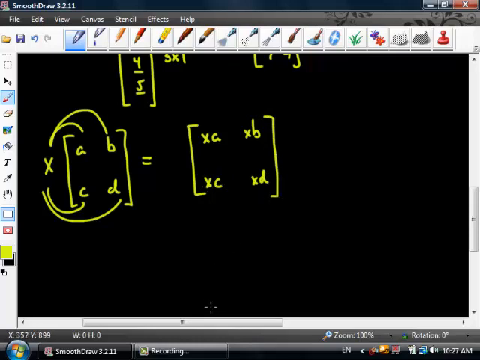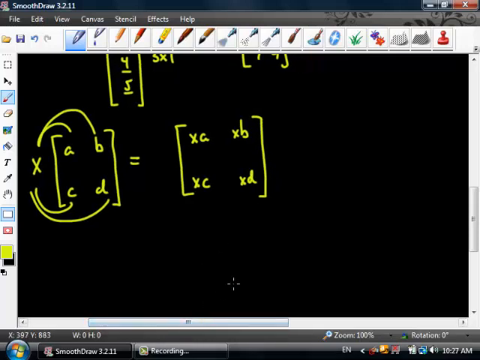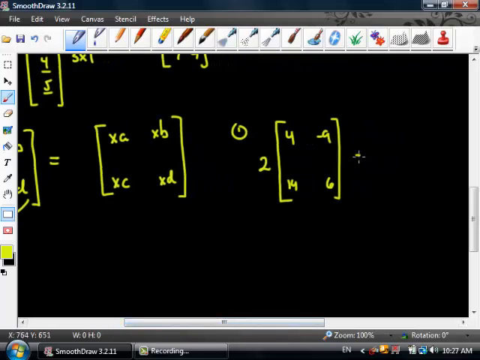All right? So let's give ourselves a real-life example of this. If I was to say number 1 here, 2 times, let's say 4, negative 9, 14, and 6. Who can raise their hand and tell us what is the resulting matrix from the scalar times the matrix?